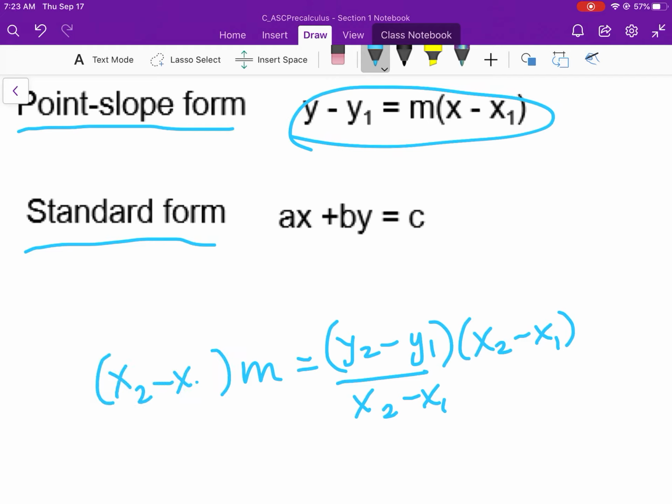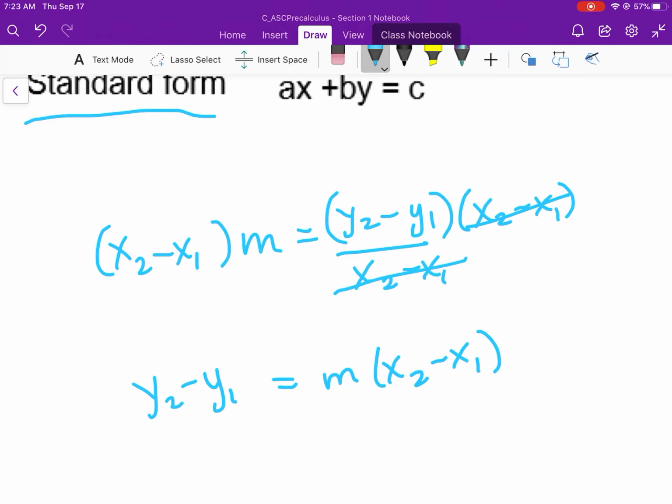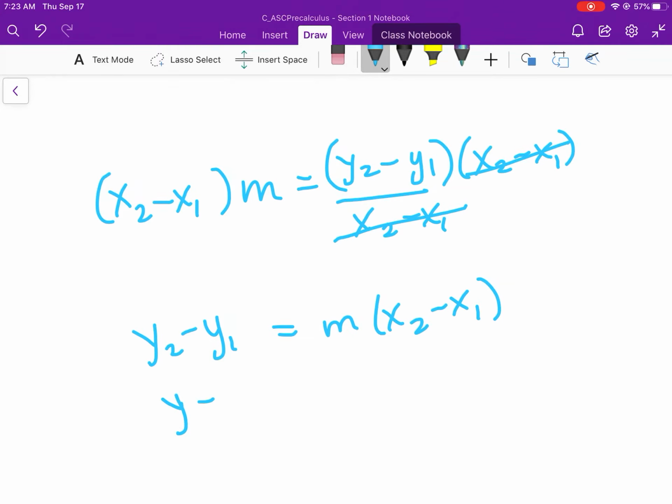Notice this is going to go away, and I'm going to be left with y2 minus y1 equals, and I'm going to put the m first, and then the x2 minus x1. Do you see that that's what we're talking about, the point-slope form? Except we just have y minus y1 equals m times x minus x1. I never realized that it came from that slope formula. So that's kind of cool. So if you can remember the slope formula, you can use it to help you with this other thing. Anyway, just a bit of a tidbit.